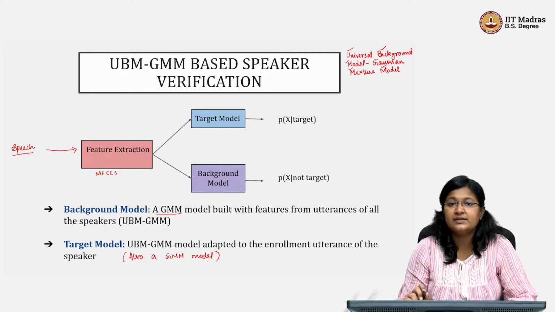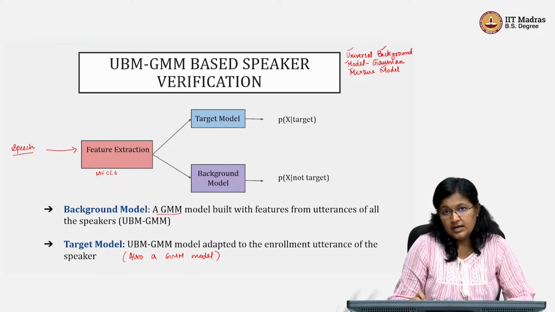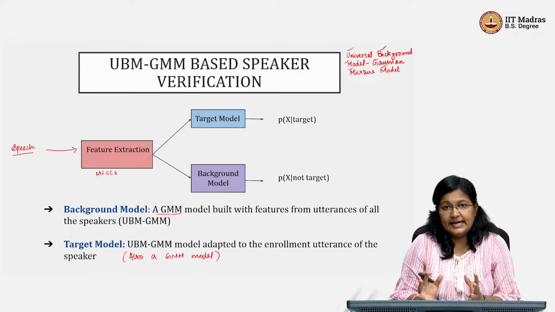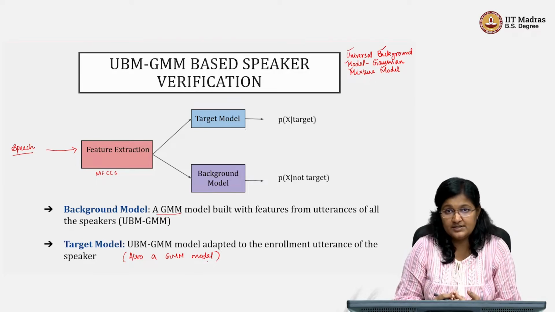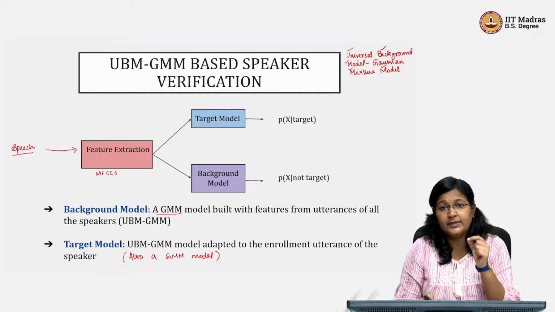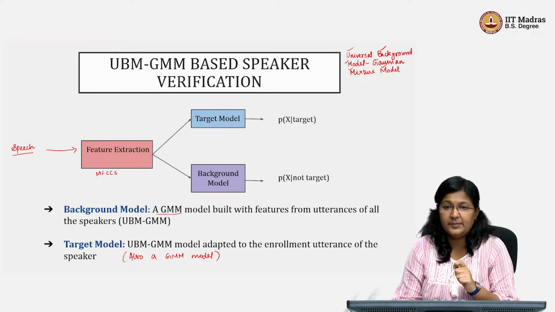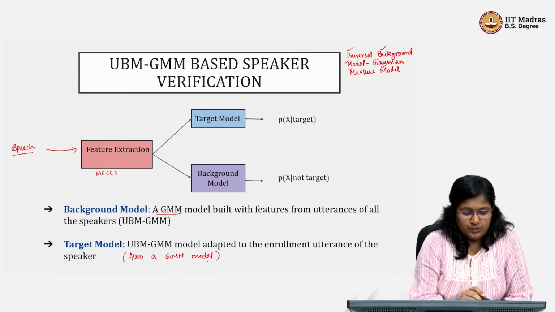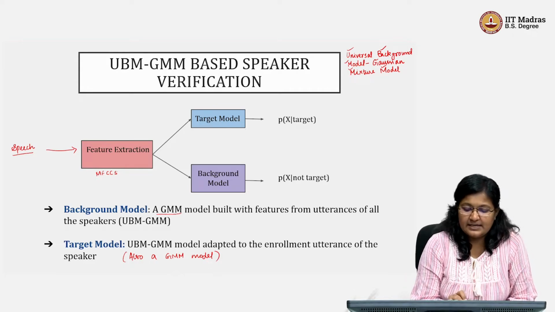Again, GMMs have been discussed previously in this course. So what is a GMM? You can represent data as a mixture of Gaussians. That's your GMM model, and then you can find the probability for a data point from it. It's a generative model. So you have speech features extracted.